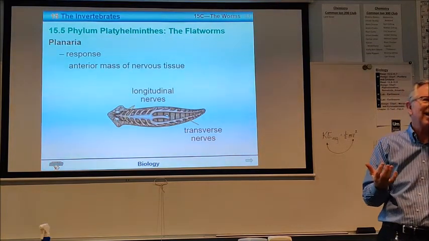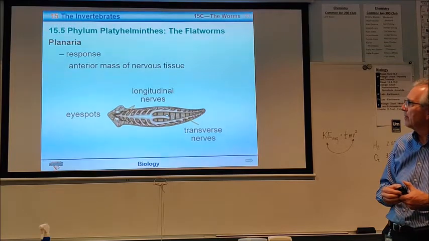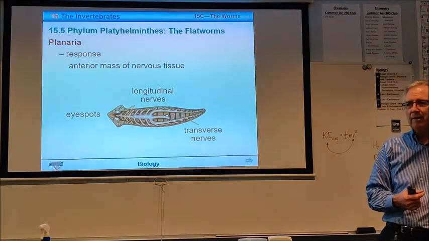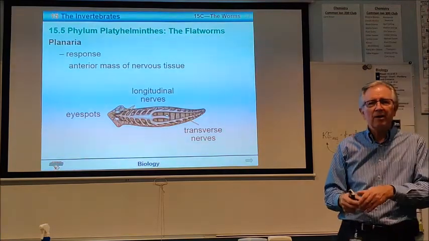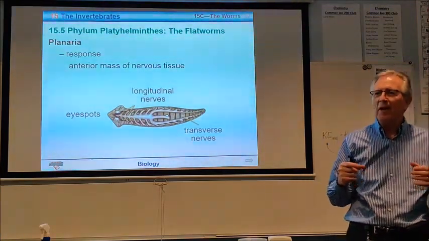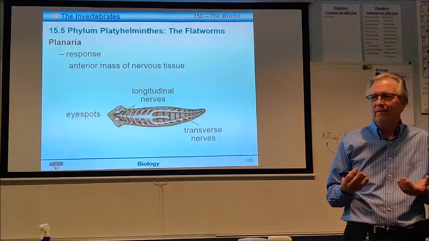So it looks kind of like a ladder. That's a ladder-like setup for their nervous system. Now, they have eye spots. We only call them eye spots because, since this is the head end, they look kind of like eyes, but are they for seeing? Probably for what?